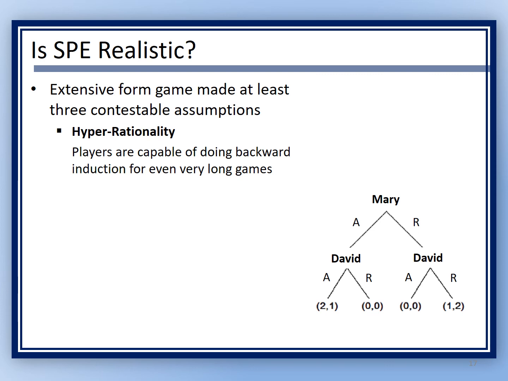So smart that you can correctly predict your opponent's strategy. Now, in some cases there will be risk involved. So you don't necessarily accurately predict which action the player will take, but you do get their strategy correct. So I understand what you try to do, and you understand what I try to do.